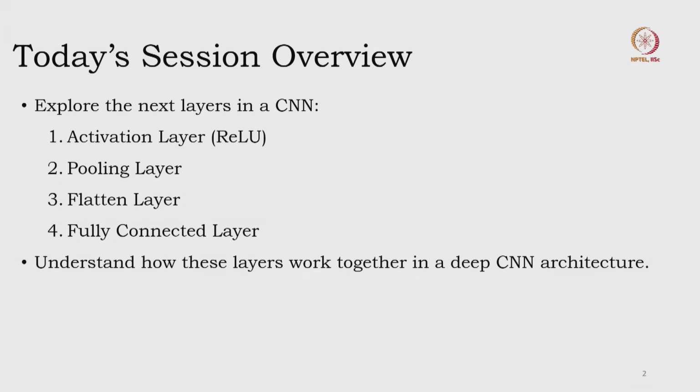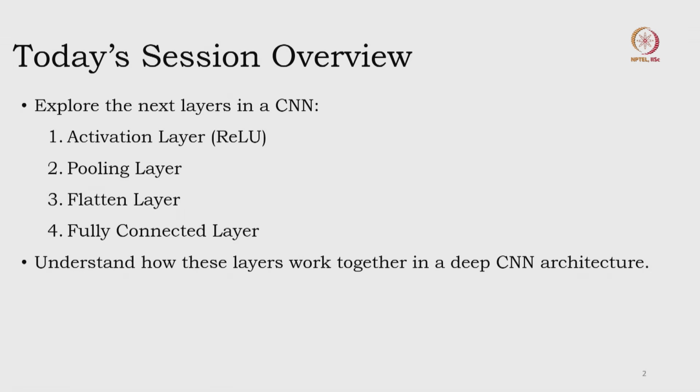So what exactly is the issue? We have to reduce the dimension of an image, and only then can we pass it to fully connected layers. In order to do that, which different layers will help us? In the previous session we only saw the convolution layer. Now we will be exploring the remaining layers.